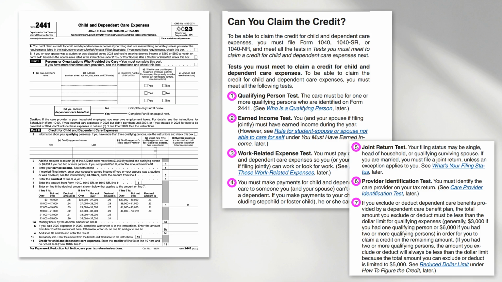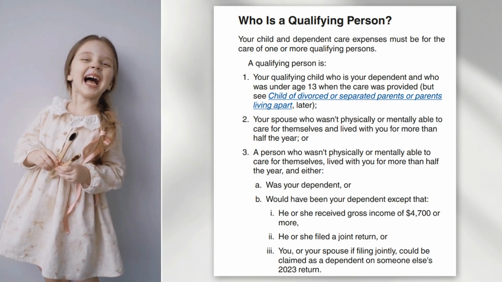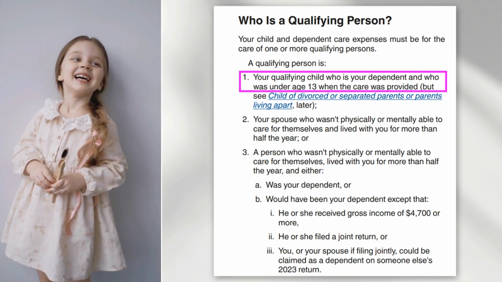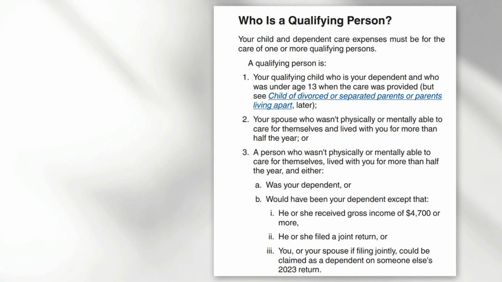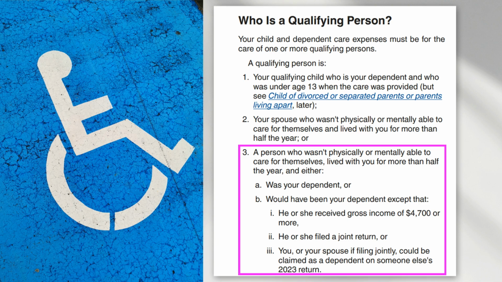To qualify for the credit, you have to file Tax Form 2441 and meet all these criteria. You have to have a qualifying person, such as a dependent under age 13 at the end of the year, or a spouse who is incapable of self-care, or another person who was disabled and fulfilled additional criteria.